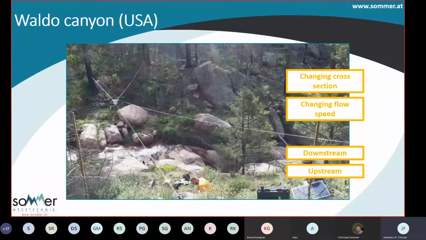So this is not an ideal site for discharge measurement, but it can be done and it gives you an indication of the changing discharges. So you have to select a good spot here, and then it's okay to look downstream or upstream. But again, the site is difficult with all the rocks and also at this low water level here.